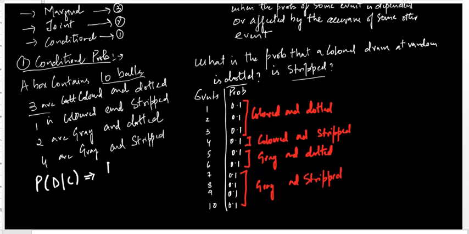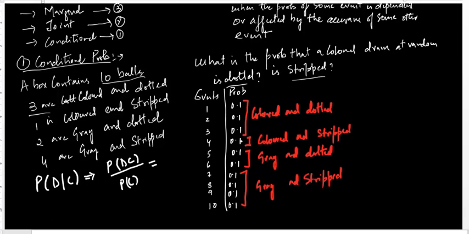This will be given by the probability of dotted and colored balls divided by the probability of colored balls. How many dotted and colored balls do I have?